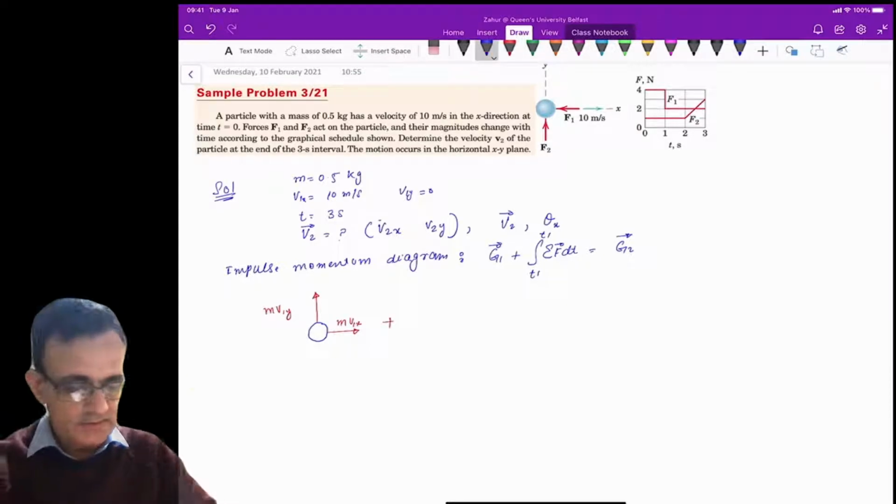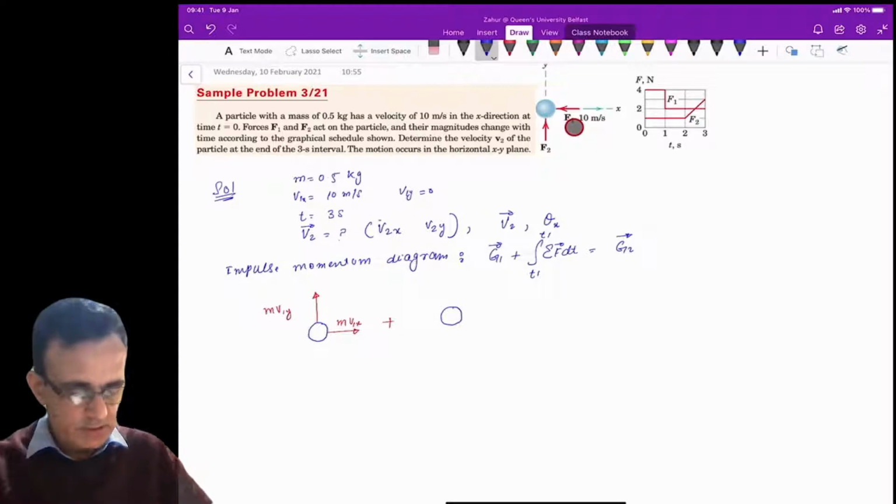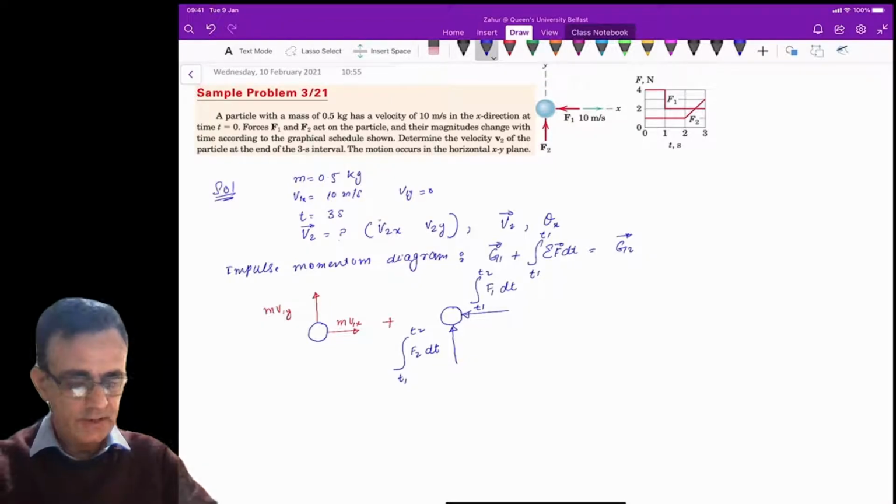The impulse in this case is the forces applied on the particle, which is this term here. As you can see, there are these two forces. One will be in this direction, from t1 to t2 of F2 dt, and then another impulse will be in this direction, again from t1 to t2 of F1 dt here.